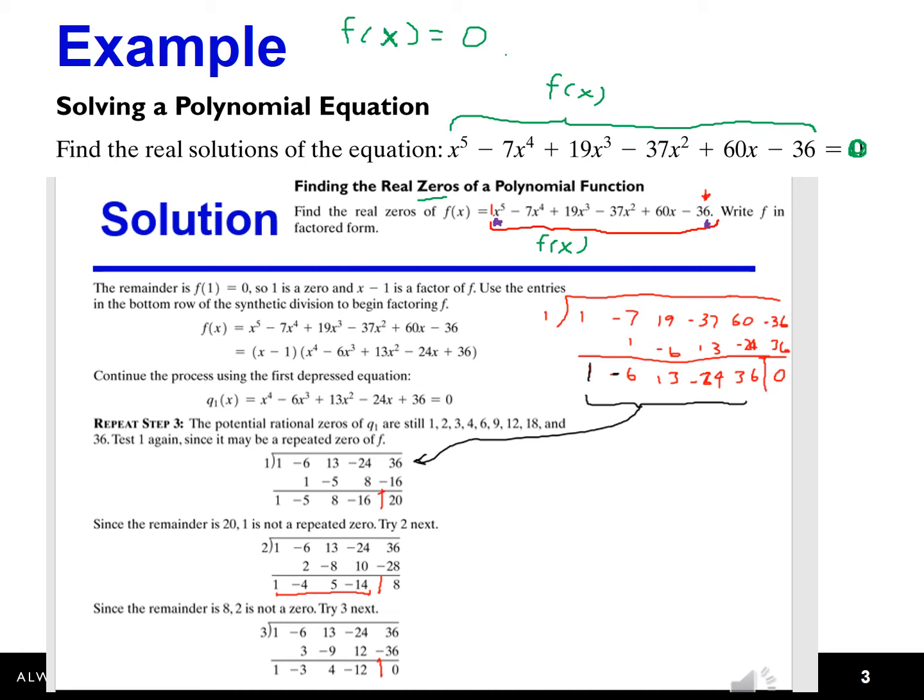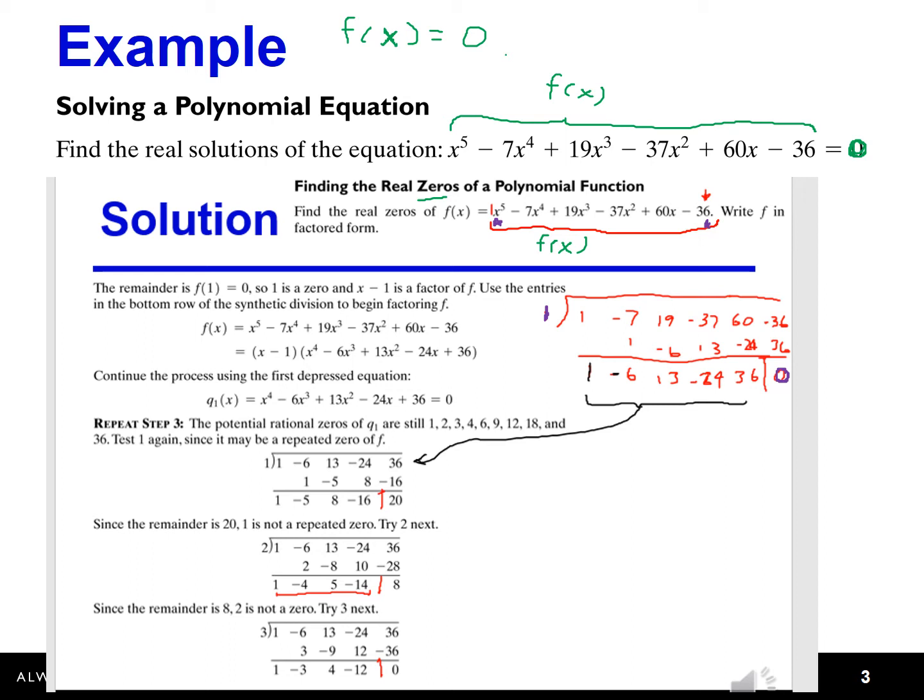And 1 was one of those. And of course we had looked at the graph also and looked at the x-intercepts and suspected that 1 and 3 were going to be solutions, that is zeros of f of x. And we ran the synthetic, got the zero remainder. The division went evenly, meaning that x minus 1 is a factor and that 1 is a solution.